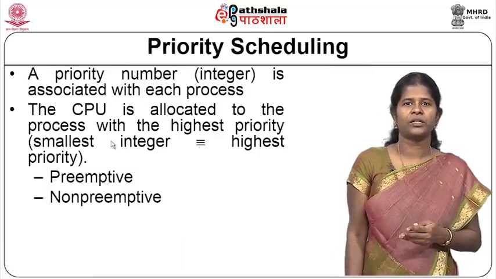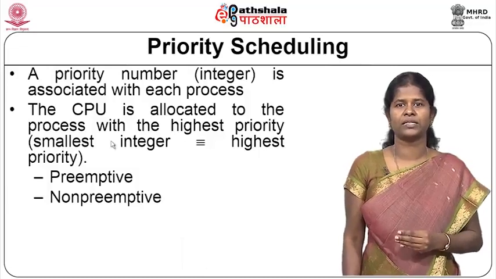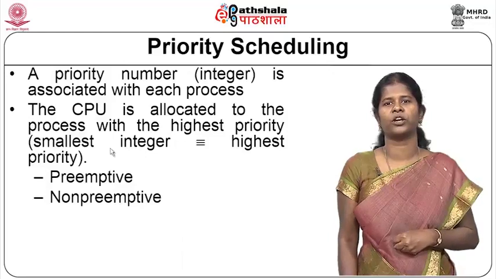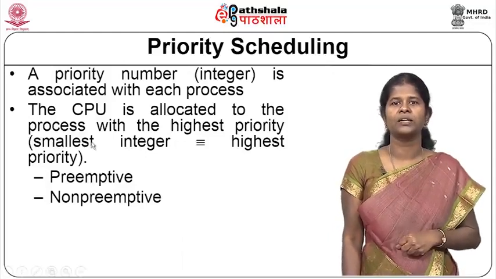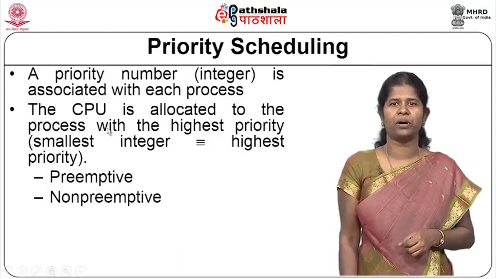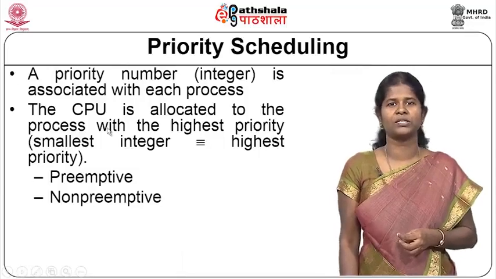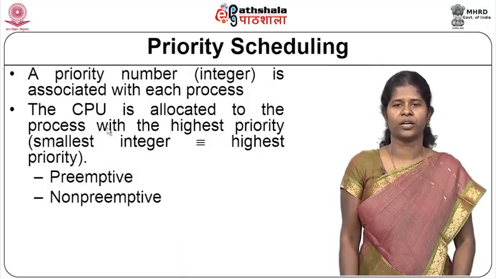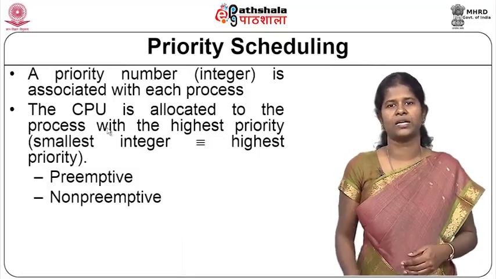Suppose you give priorities to processes, say priority equal to 1, priority equal to 2, priority equal to 3, and so on. You can consider the smallest number as the highest priority, so a process with priority equal to 1 has the highest priority and priority equal to 2 will be lower than that, and so on.